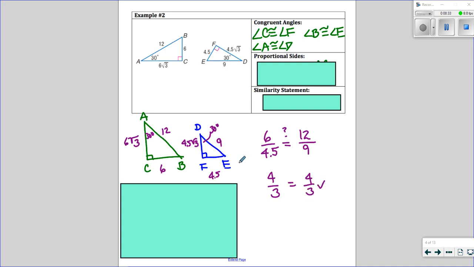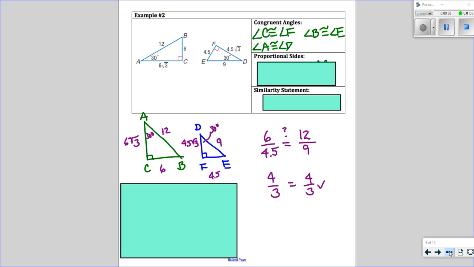Yep, so those two sides are in proportion. And even though there's a square root of 3, it would cancel out because the square root of 3 divided by itself gives you 1. So I'm left with 6 divided by 4.5, which is the same thing as CB and FE. It will give me 4 over 3. So yeah, they're in proportion.